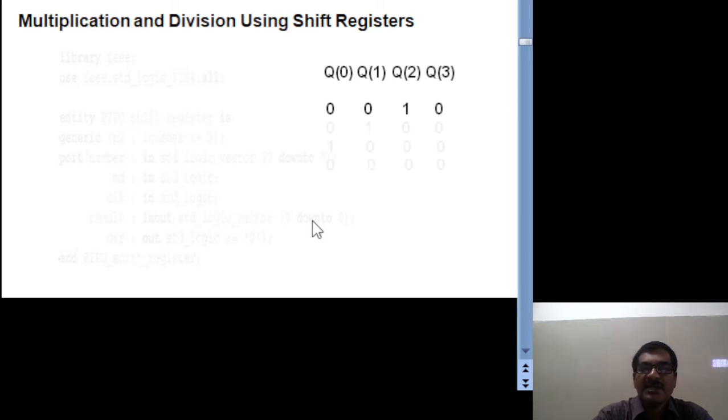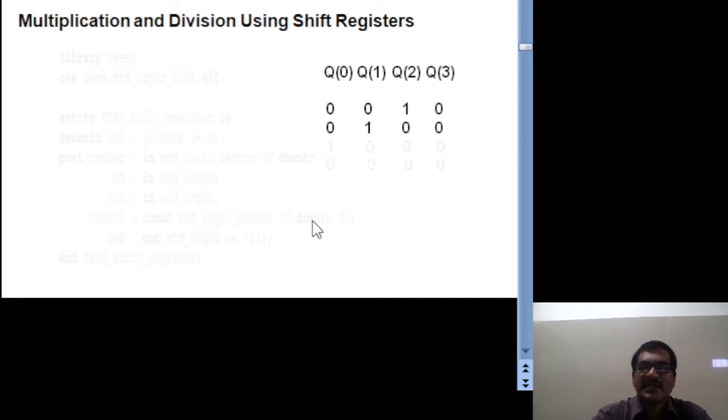Now if I shift the data of the register in the left hand side direction by 1 bit position, the new data is 0100, which is equivalent to the decimal value 4. So by one bit shifting towards the left, the result is the original value multiplied by 2.